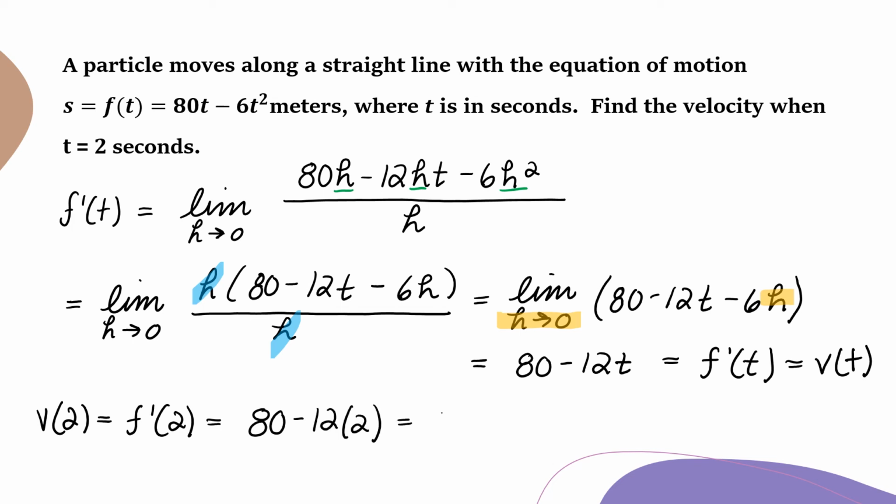So that's 80 minus 24, which gives us 56. Then we need units. So we have meters per second.